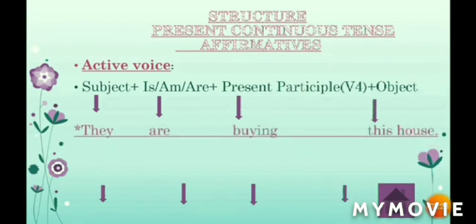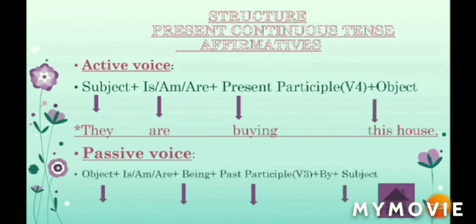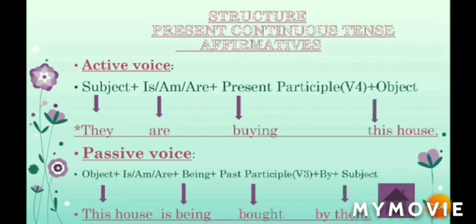Example, they are buying this house. Structure of the passive sentence: object plus is, am, are plus being plus past participle, which is the third form of the verb, plus by plus subject. Let's convert the same sentence. This house is being bought by them.